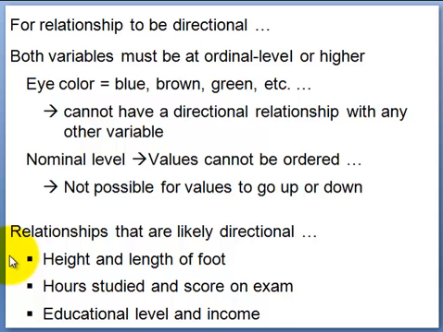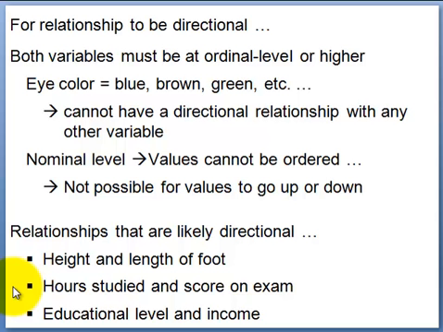As height goes up, so also does length of foot. Here's another relationship that, for the most part, I think is going to be positive. How long do you study for an exam, and what score do you earn on that exam? As study goes up, so also do scores.